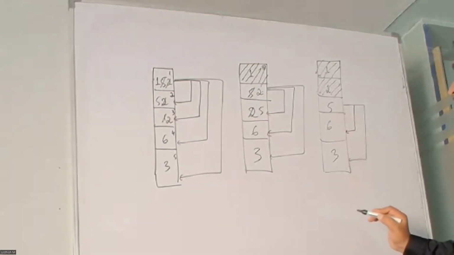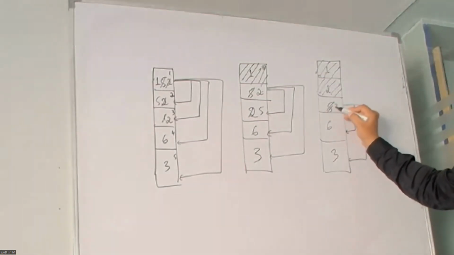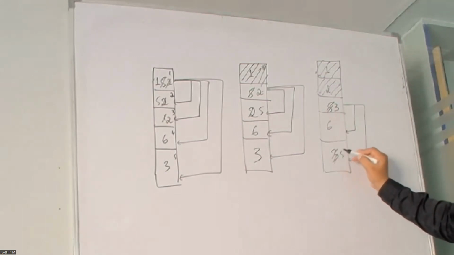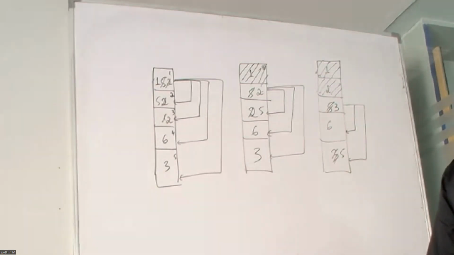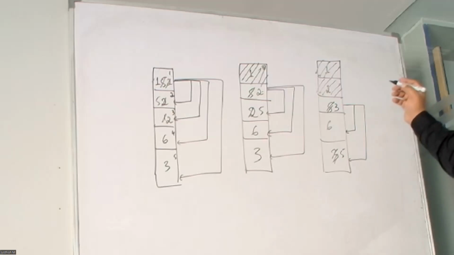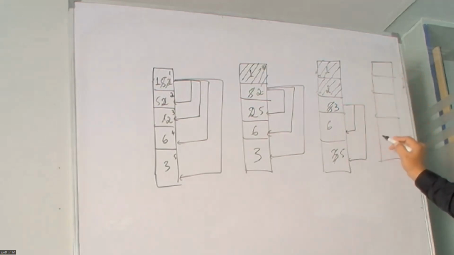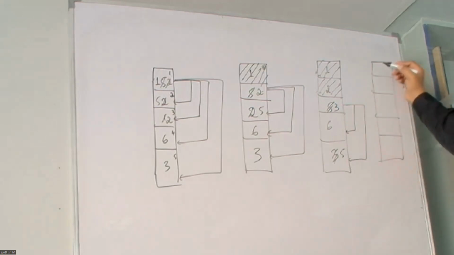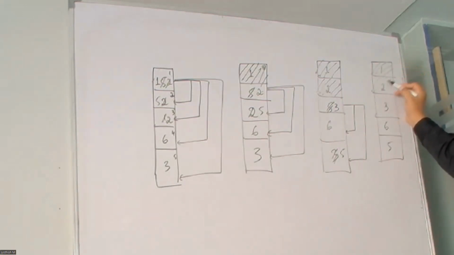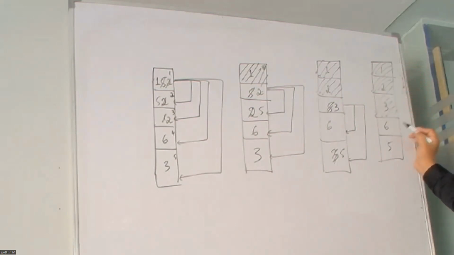Yes. 3 will go here, 5 will come here. Next, the array is 1, 2, 3, we are done. 6 and 5: take 6, compare with 5. Do we need to swap?